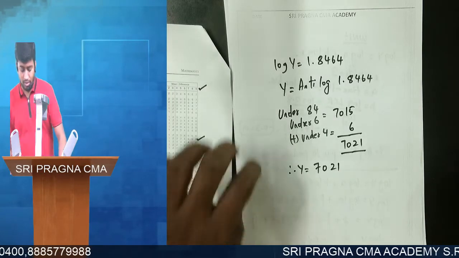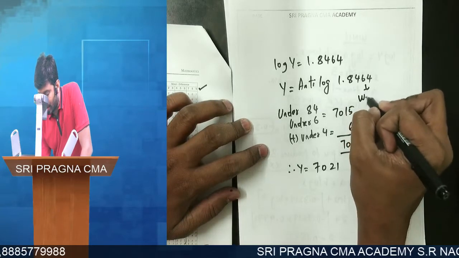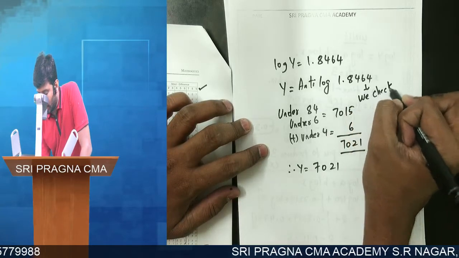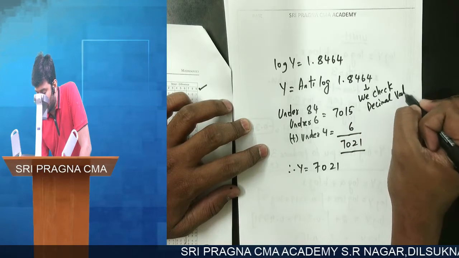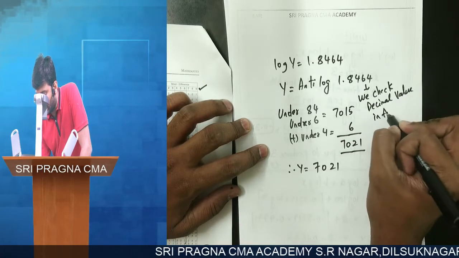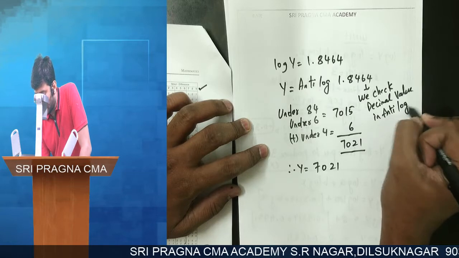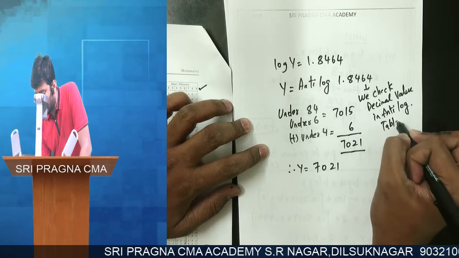Now the second point. First of all we check decimal values in antilog.